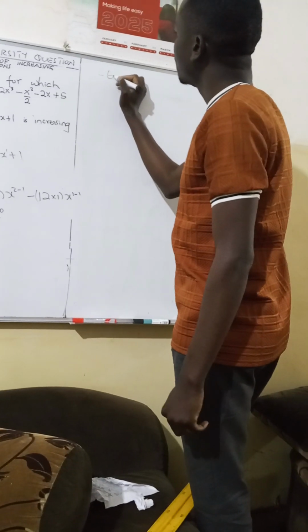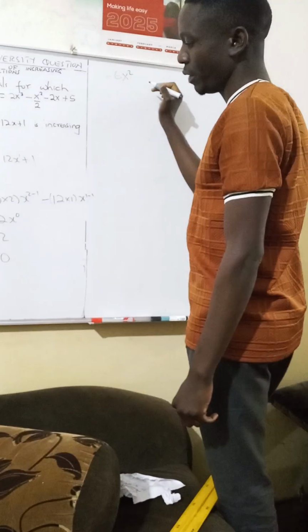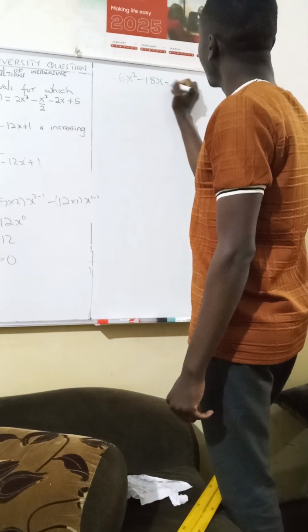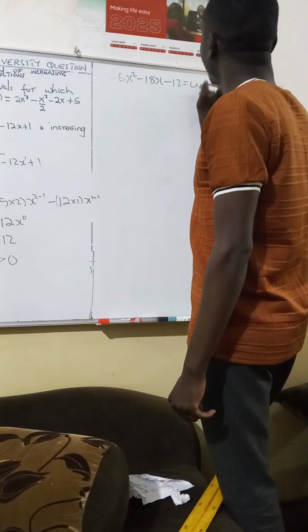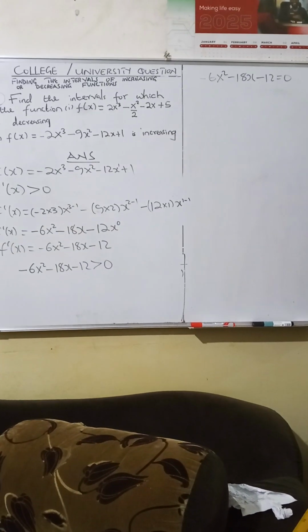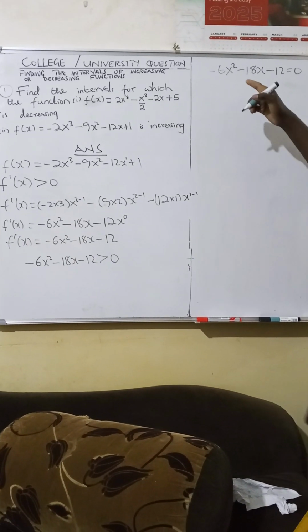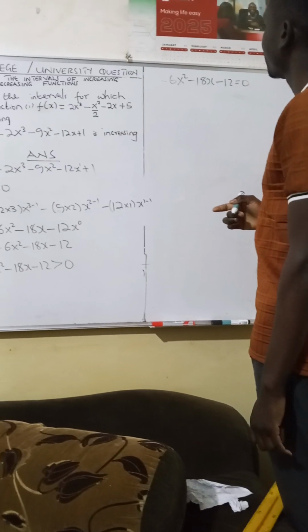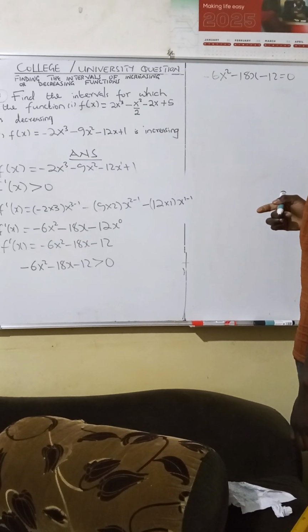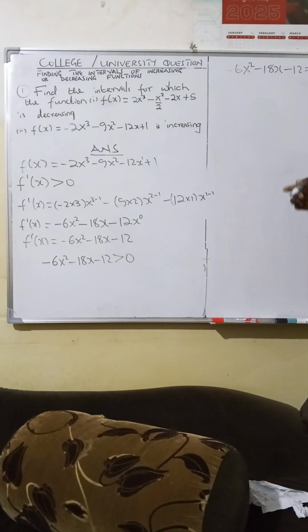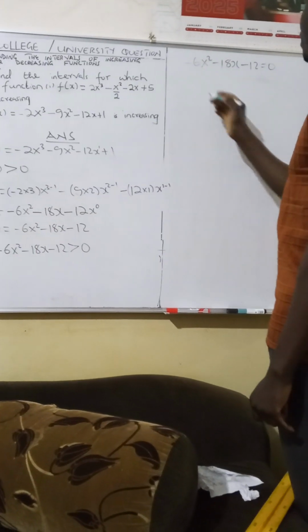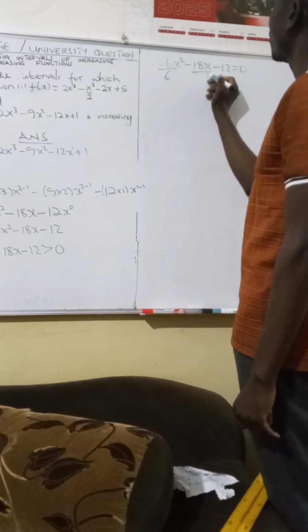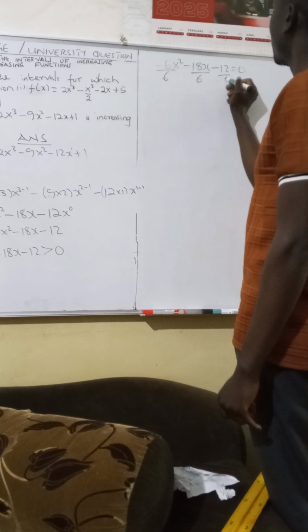So I have negative 6x squared minus 18x minus 12 equal to 0. If I want, I can reduce this function by dividing throughout by 6.